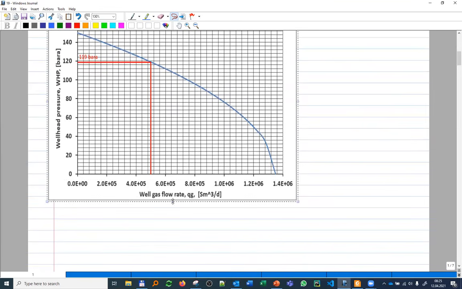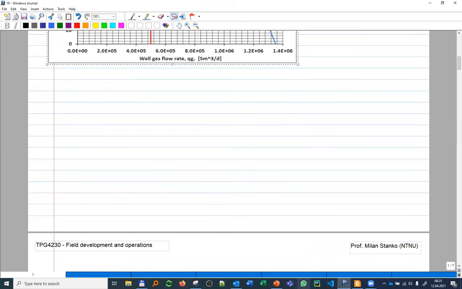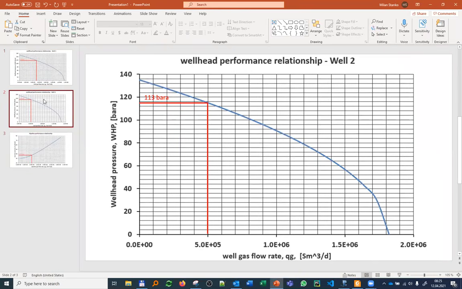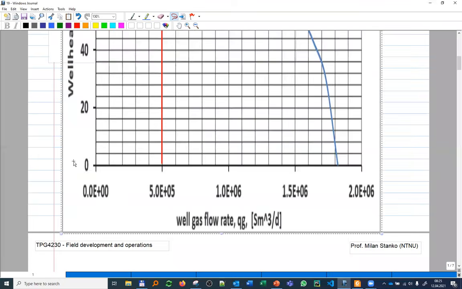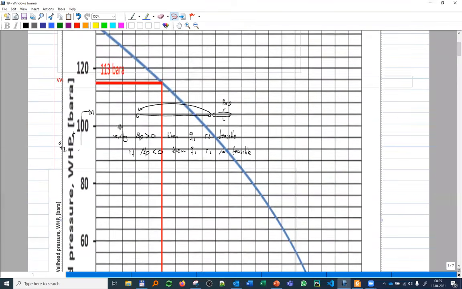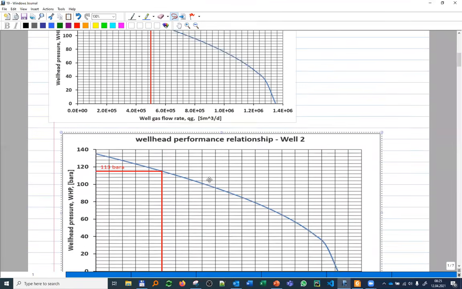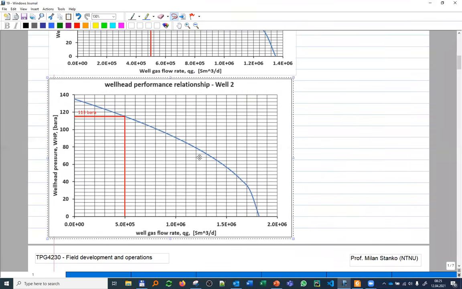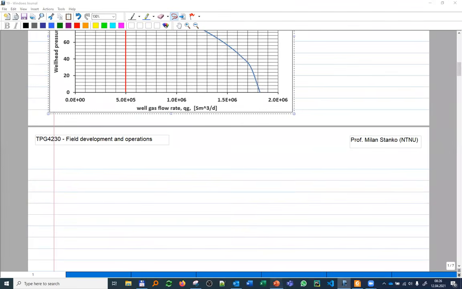This is for well 1. For well 2. And the pipeline.